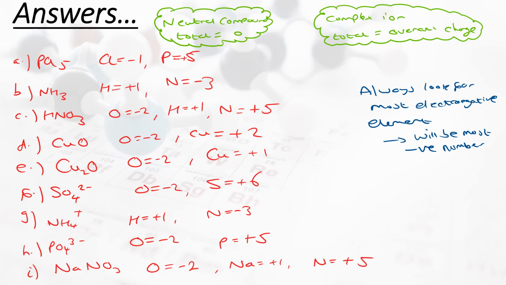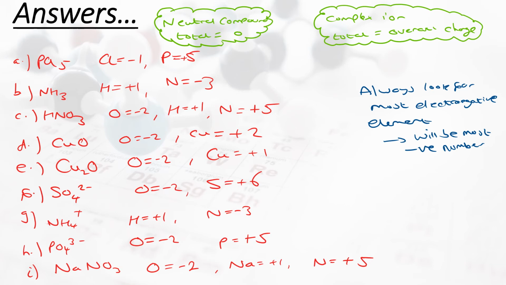Now the next easiest thing is to look at the hydrogen. Hydrogen, unless it's in a metal hydride, is always +1. And here we have hydrogen with nitrogen and oxygen, very electronegative elements, so the hydrogen is +1. So we have our -6 from our oxygens, our +1 from our hydrogen. Overall, we need to get to a neutral 0, and so our nitrogen must be +5.